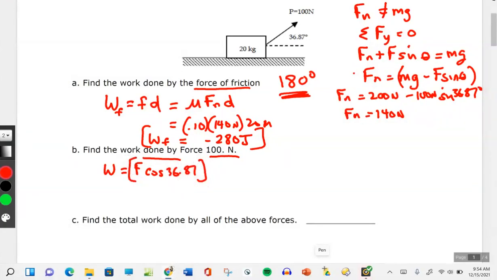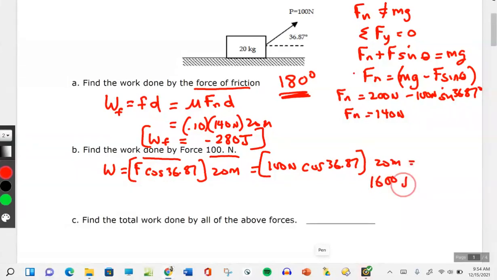That's the force acting in the direction of motion times 20 meters. 100 newtons is the applied force, cosine 36.87, times 20 meters, and you get 1,600 joules. That's positive, of course, because that horizontal component acts in the same direction as the displacement.